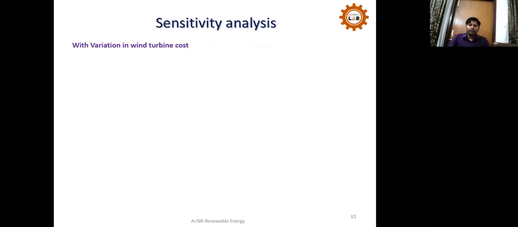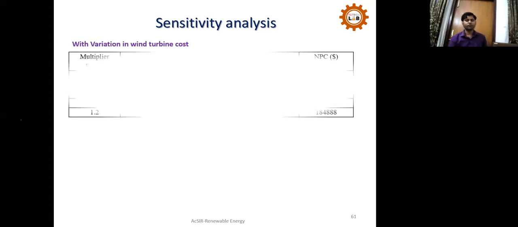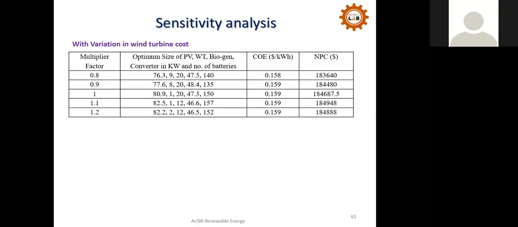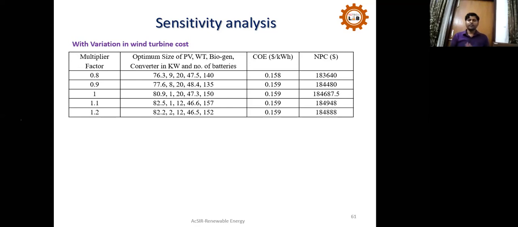Then the other is sensitivity analysis. Before doing this study, you will go to the market and find out the cost of the different solar or wind components. But while installing, the cost may change. This type of study you can also do in the simulation.